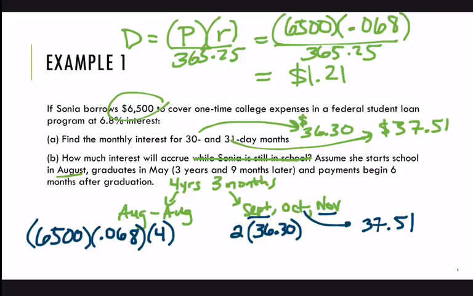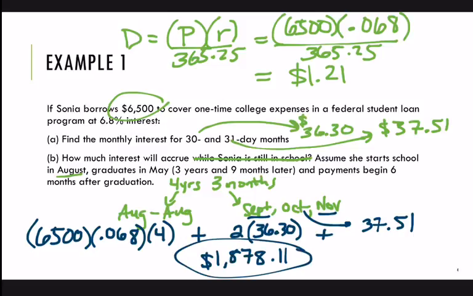We're going to add all of these things together to find the total amount of interest, and you should get a total of $1,878.11. All of that accumulates by the time she makes her first payment, after the end of November.